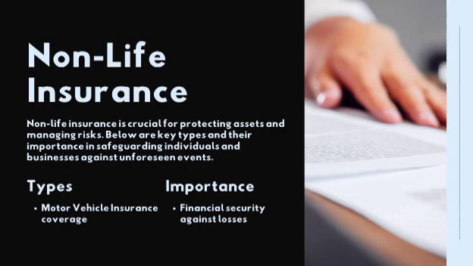It covers vehicles against theft, accident, or third-party liability. Third-party insurance is compulsory in Nigeria, which covers damage to other people's property and other people actually. Comprehensive insurance includes theft, fire, and personal damage.